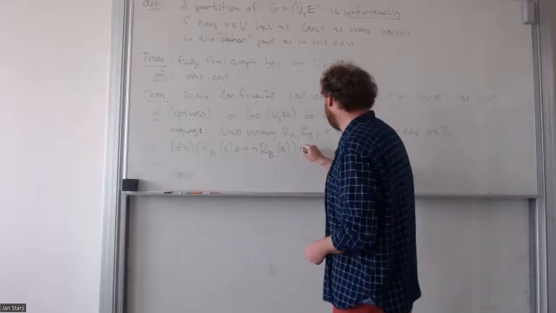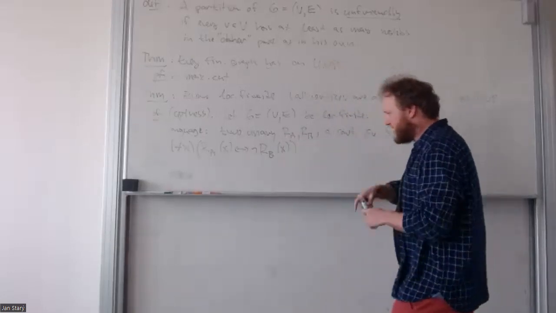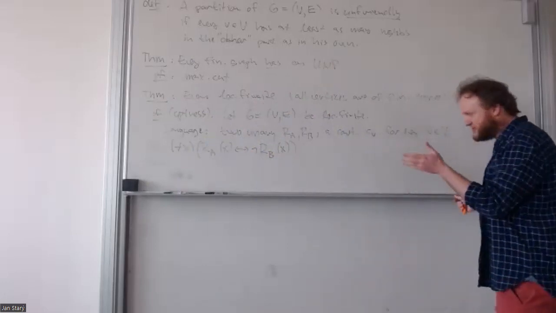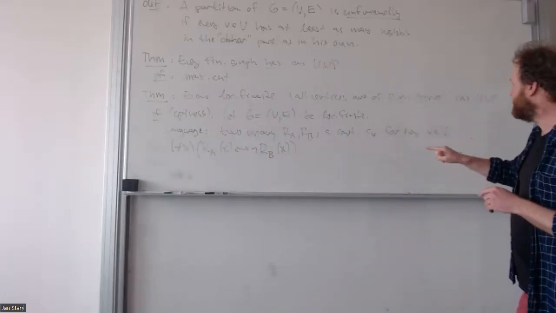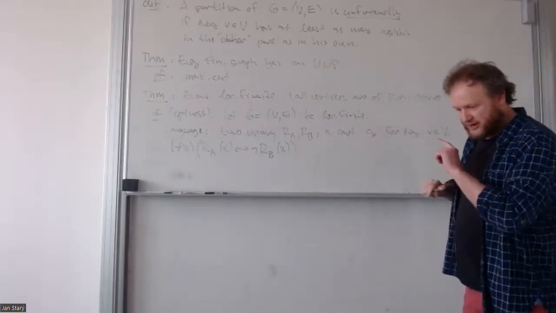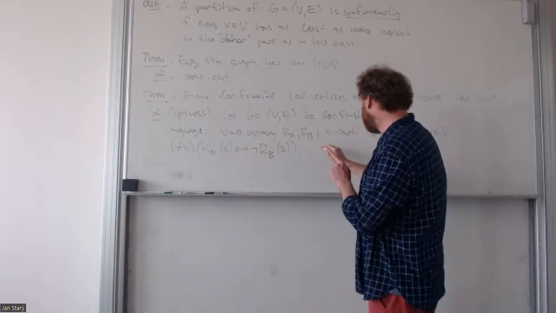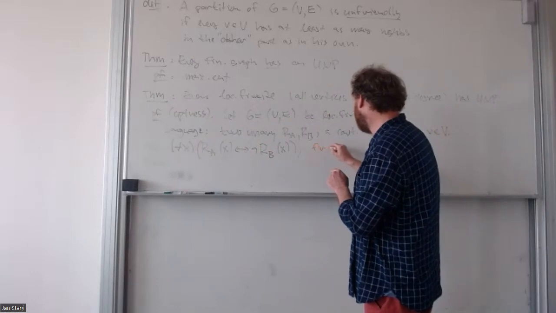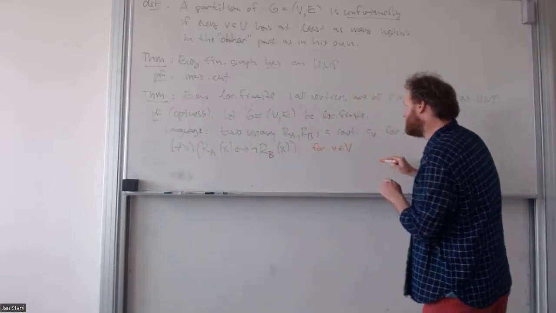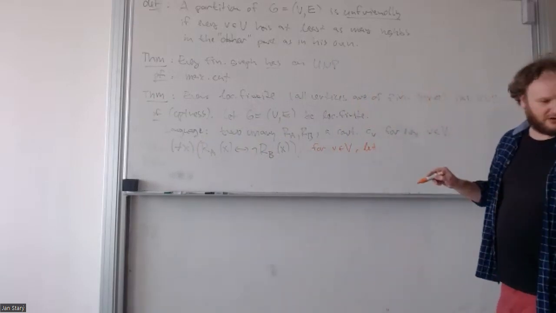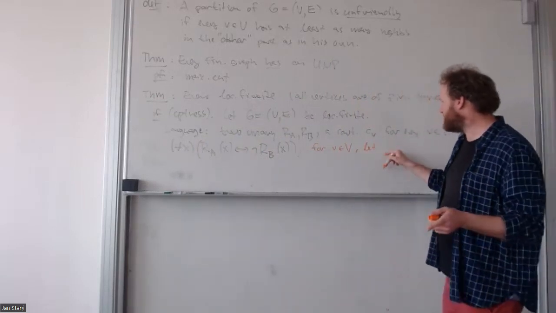And for every node, I will put into the theory an axiom that says this guy has more neighbors in the other part than in his home part. I need a bit of notation for that. For every node of the graph, do you have a favorite notation for the neighbors?